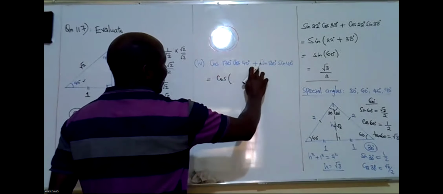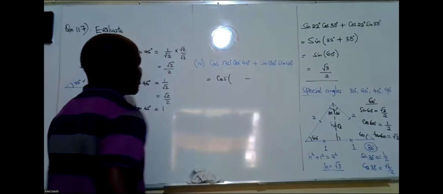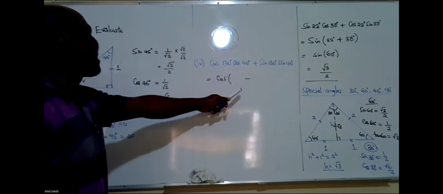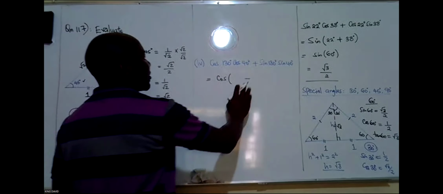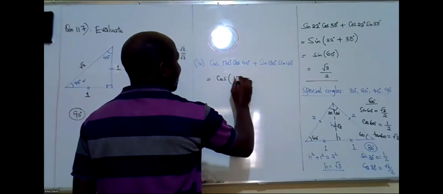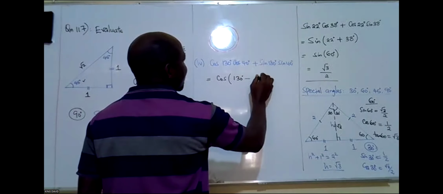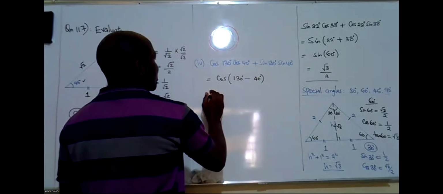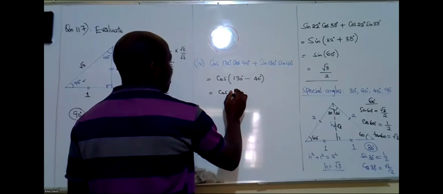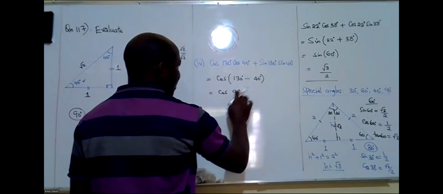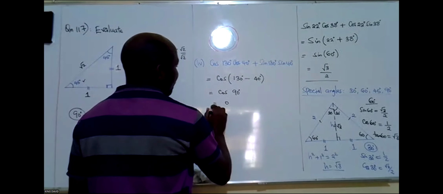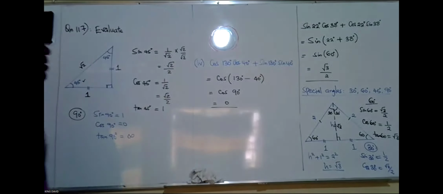And if there is a plus here, it means it came from a minus. For a cos, there's always a change in the sign. So it came from a minus. So the angles are going to be 130 degrees minus 40 degrees. So this now becomes the cos of 90 degrees. When you subtract, you get a 90, and the cos of 90 is 0. As simple as that. The cos of 90 is a 0.